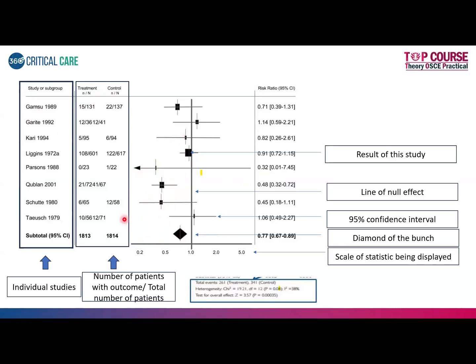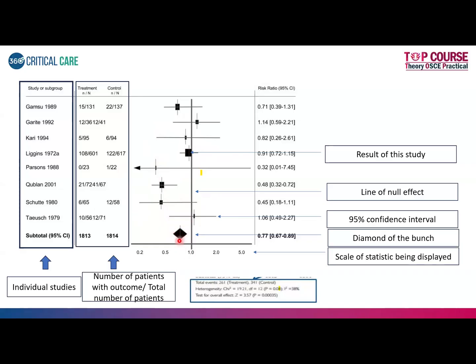And if the confidence interval is crossing beyond the line of null effect, too much beyond the line, then the significance of the study comes down. The interpretation of the entire study is given by the diamond, the diamond of the bunch, like we say, the diamond of the season.